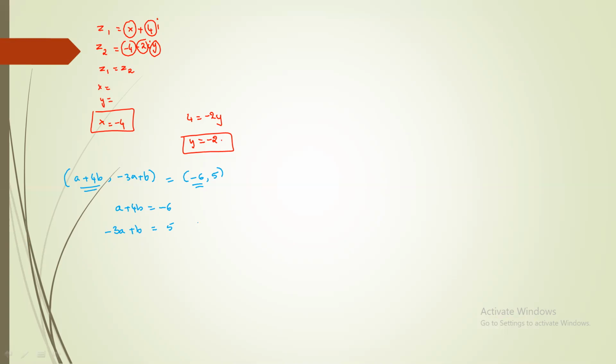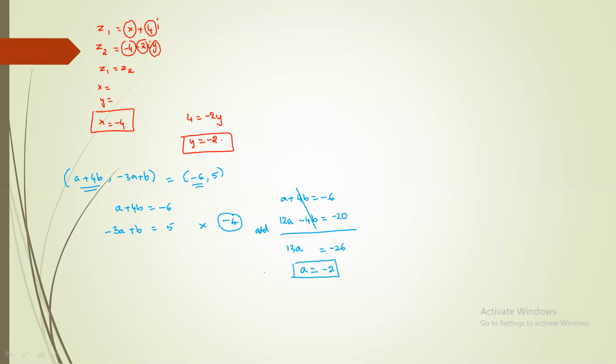How to solve? I will multiply the second equation by minus 4. So the first equation is a plus 4b equal to minus 6. The second equation becomes 12a minus 4b equal to minus 20. Now I will add these two equations so that I will have 13a, these two cancel, equal to minus 26, or a equal to minus 2.